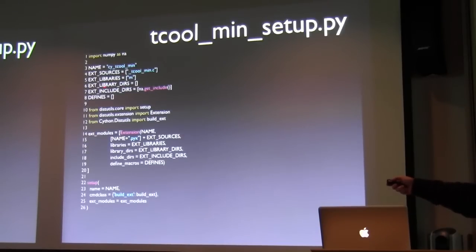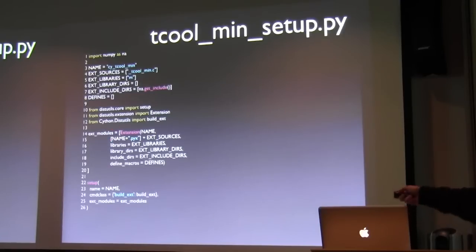You can specify some library directories. You can specify include directories. In this case, we have to specify the include directory to get the definitions, the declarations for NumPy arrays, and there's actually a handy function, np.get_include. It just returns the path of the include files for NumPy in that way. And then we've got to import some other stuff.